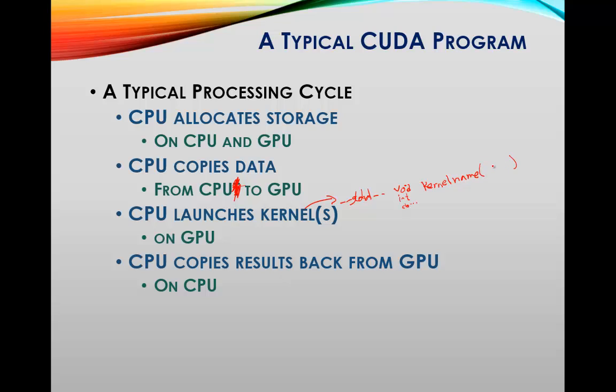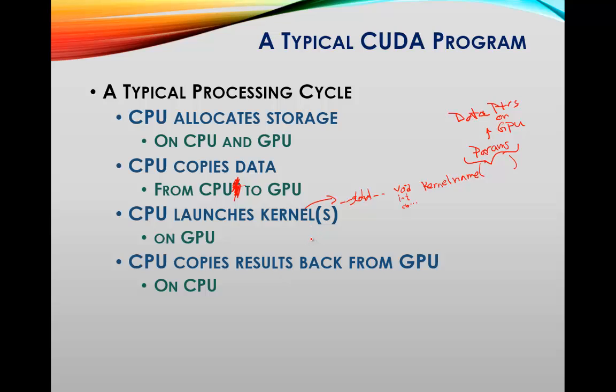And if you need to pass data, these are going to be your parameters, which again are essentially the data on your GPU. So these are going to be the data pointers on the GPU, and then you launch. So basically your CPU launches the kernels.